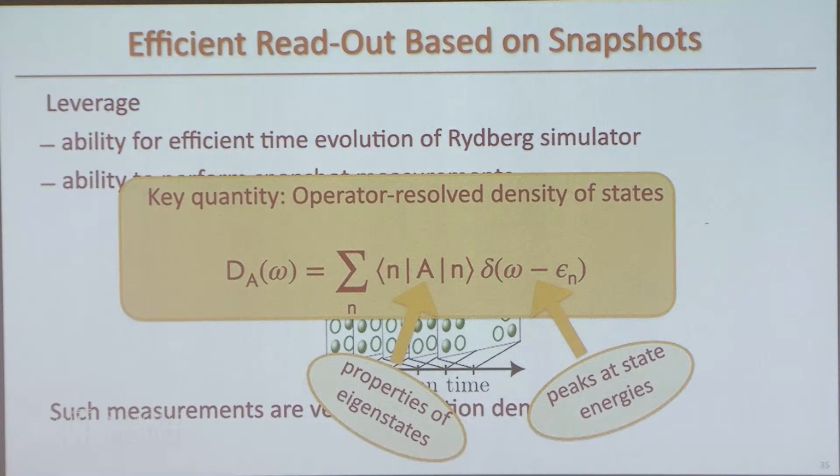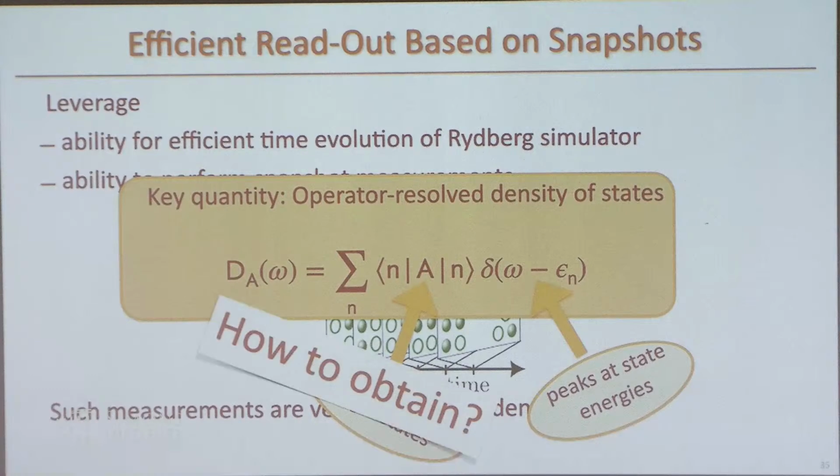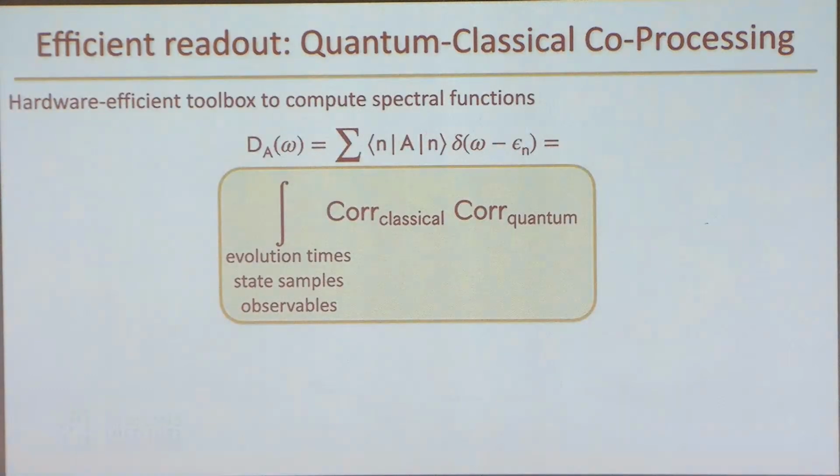So why is this a good quantity, and how do we get it? Here we really need to heavily get out our toolbox of both classical and quantum. One can show that this quantity can be found as an average over various evolution times, over all of these state samples, and over various observables.